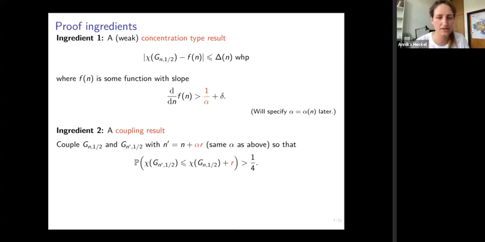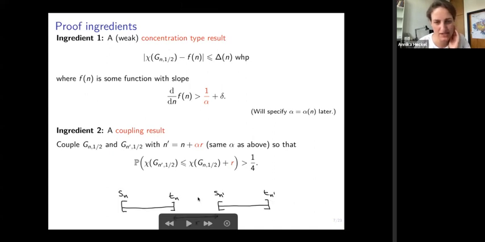Okay, so these are the two ingredients. What do they do? So first, let's just say what the second ingredient does. The second ingredient says that if we have some intervals S and T_n that contain the chromatic number, and we increase n by alpha times r, then the difference between the two intervals is at most r. Because if we generate G(n,1/2), with high probability, the chromatic number is in here.